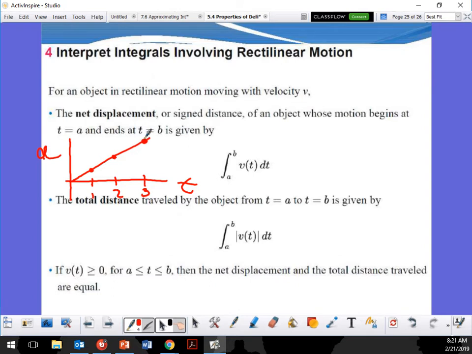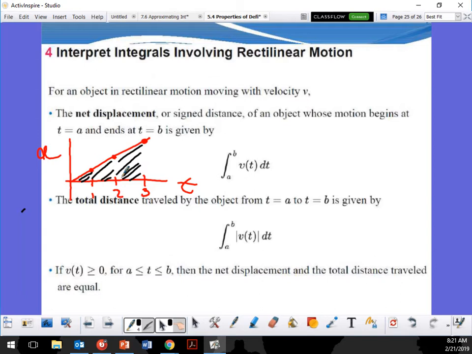But now, if I find the area of all this, it will give me my displacement. So my displacement is the amount of area under that curve that I've actually traveled in this motion, because it's possible to have a positive and a negative.